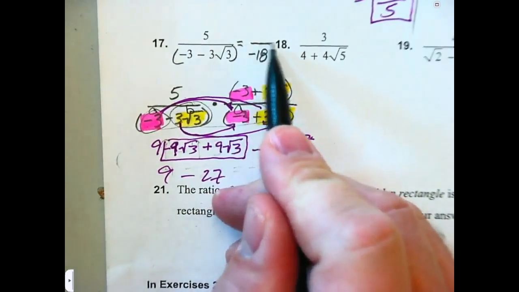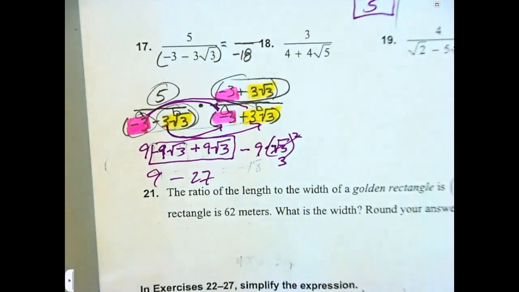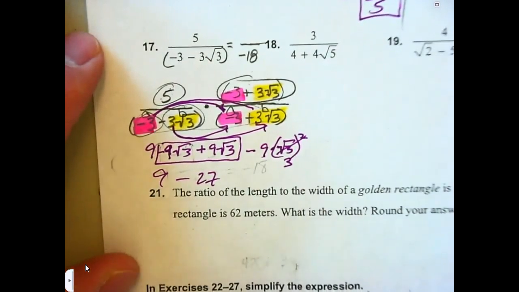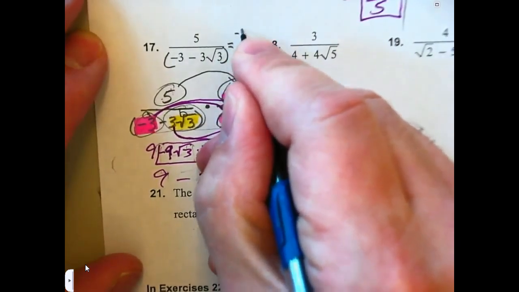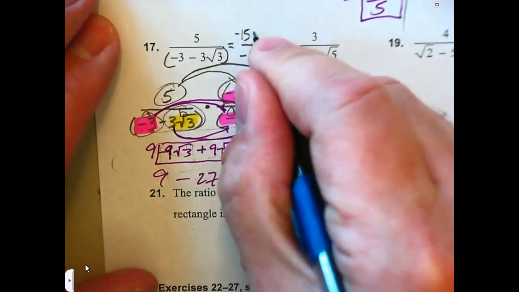What's the top going to be? Tell your neighbor how you multiply this by that. You distribute. Go ahead and do it. It's just that times that, negative 15, and that times that, plus 15 root.